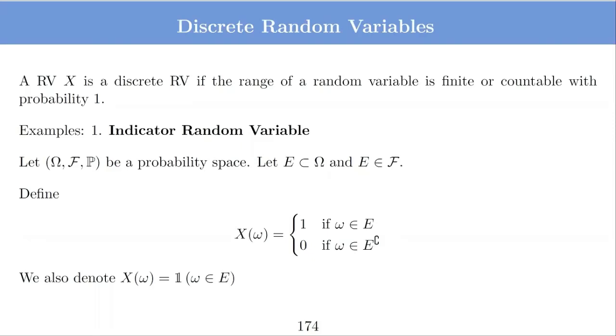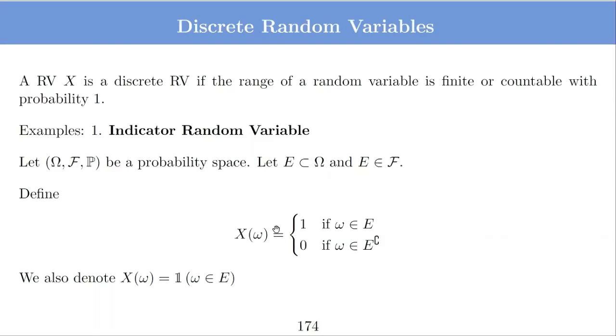And then using the interpretation of a random variable, you can relate that this actually means if you perform this experiment, and an outcome in E has occurred, or in other words, if event E has occurred, then X will take value 1, or otherwise X value would be 0. So this is an indicator of event E because this random variable denotes whether the event E has occurred or not. Sometimes we also denote it in shortcut, saying that X of omega is the indicator that omega belongs to E. So this is a random variable.